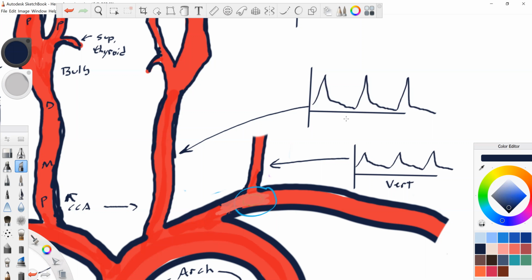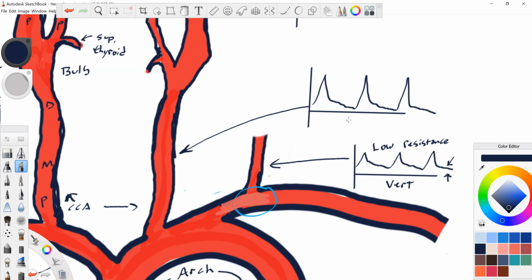So vertebral is definitely a low resistance blood flow. How do we know that? Because there's plenty of flow in end diastole.